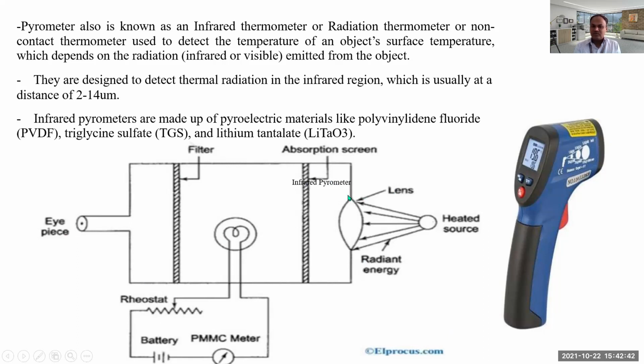From the eyepiece, whatever radiations are coming here, from the eyepiece we are going to detect the output, and from the lens the heated source radiations will come inside that particular object, and this device of rheostat, battery, and PMMC meter will detect the temperature of that particular object.